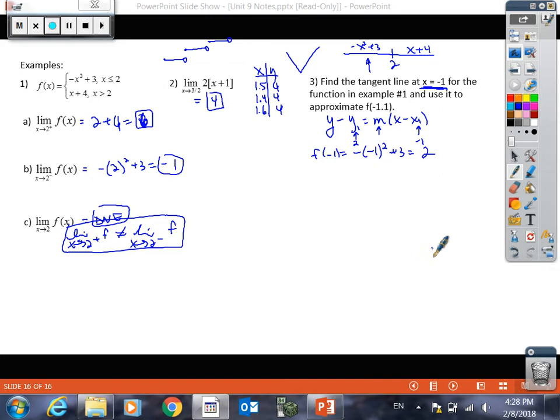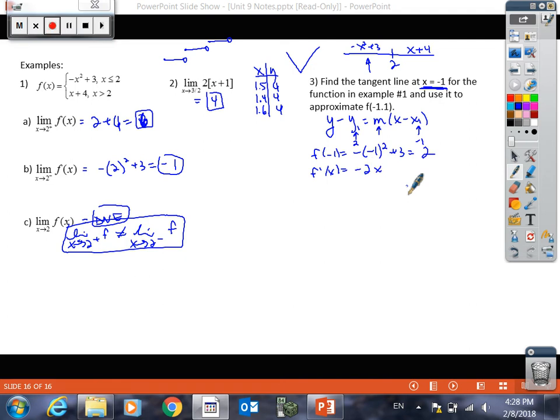The last part that I need for my tangent line is the slope. And we have been talking about that before. Slope of the tangent line comes from the derivative. So we need to find the part of the derivative that x equals -1 belongs to. So f prime, just the piece that we're interested in, the derivative of this, we use our power rule, and we get -2x. Okay, great. So how do we find the slope at a particular point?